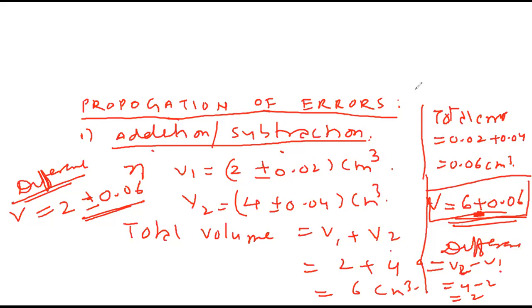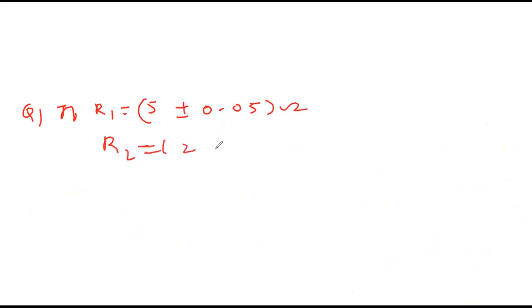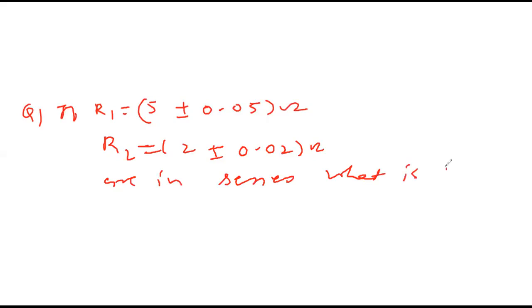Now let's do one more example. Addition one. If R1 equals 5 plus or minus 0.05 ohms, and R2 is 2 plus or minus 0.002 ohm, and they are in series, what is R equivalent? Now you all know that for two resistances in series, the result is R1 plus R2.